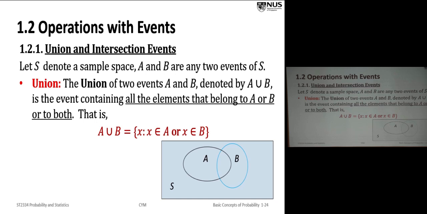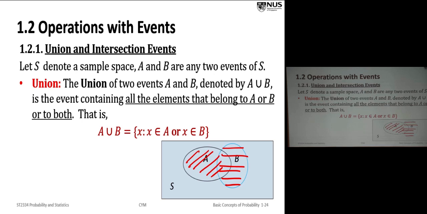So this is A union B. That means any elements that you can find either in A or B or in both, then it's considered as the set A union B.